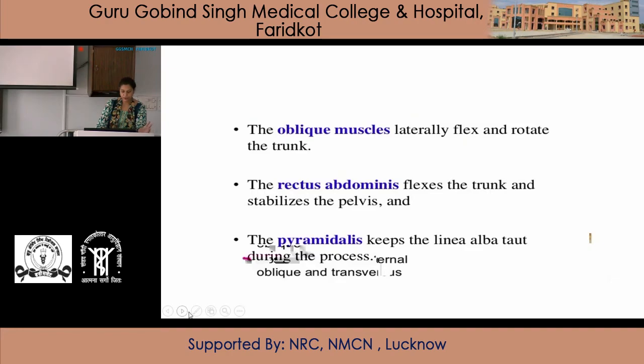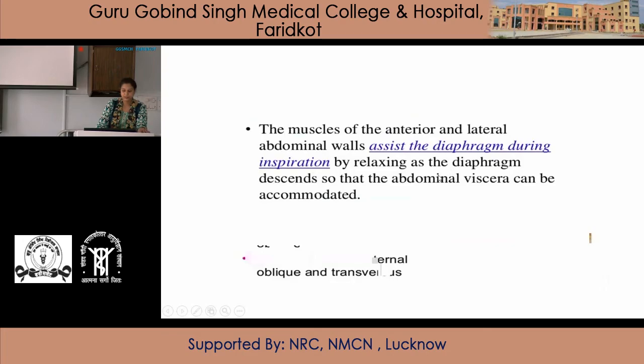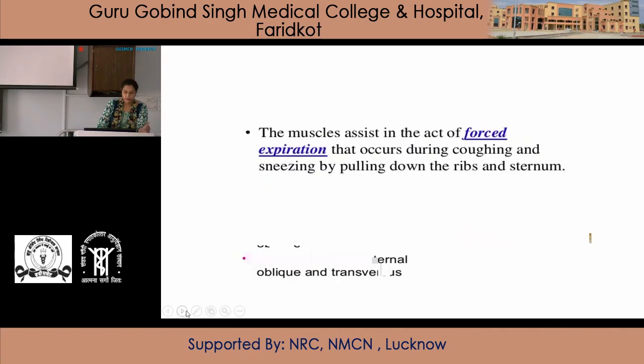taut during the process. The muscles of the anterior and lateral abdominal wall assist the diaphragm during inspiration by relaxing as the diaphragm descends so that the abdominal viscera can be accommodated. The muscles assist in the act of forced expiration that occurs during coughing and sneezing by pulling down the ribs and the sternum.